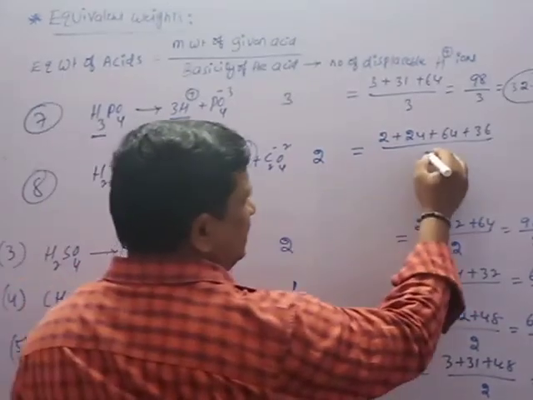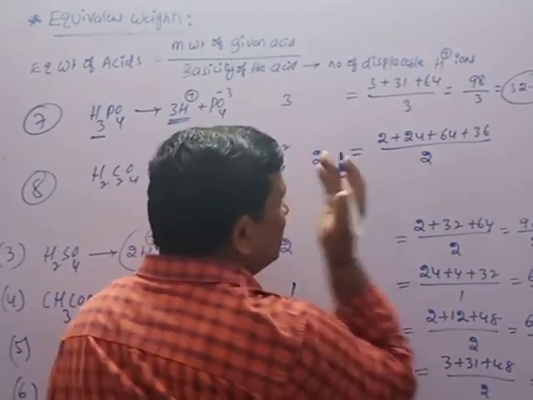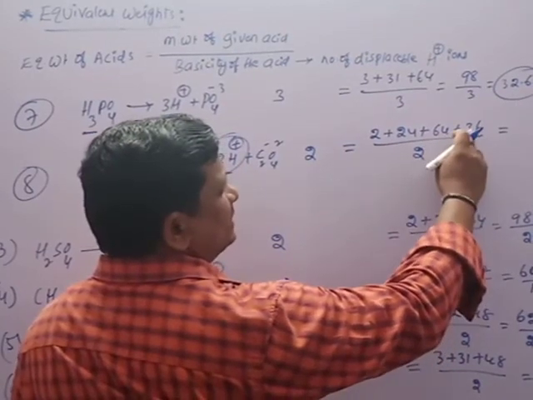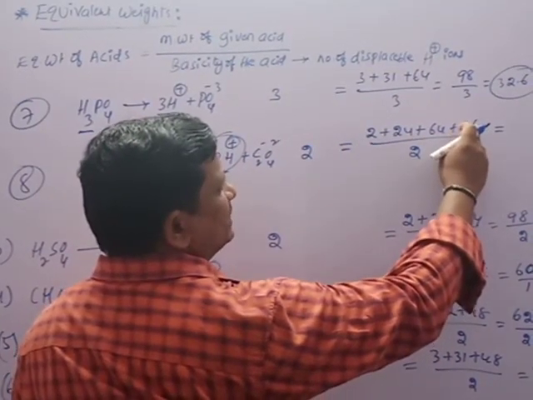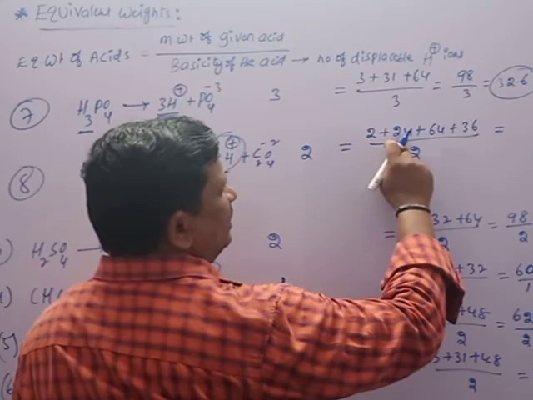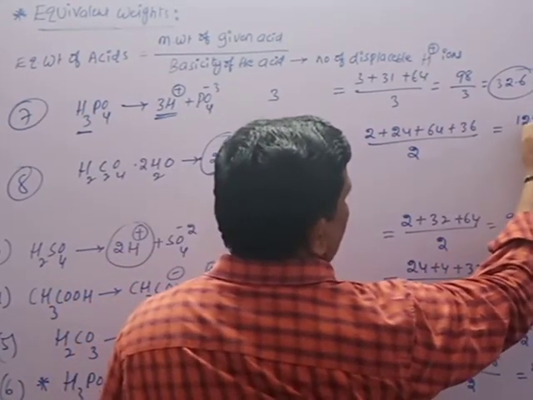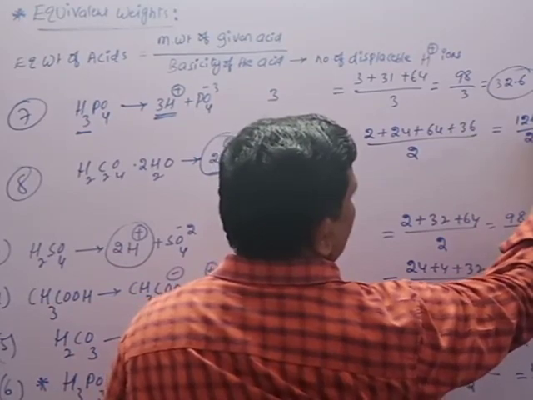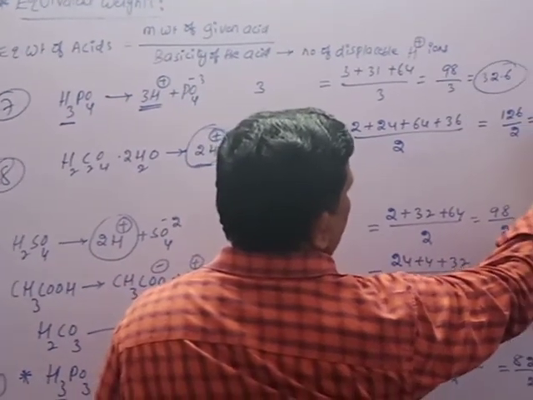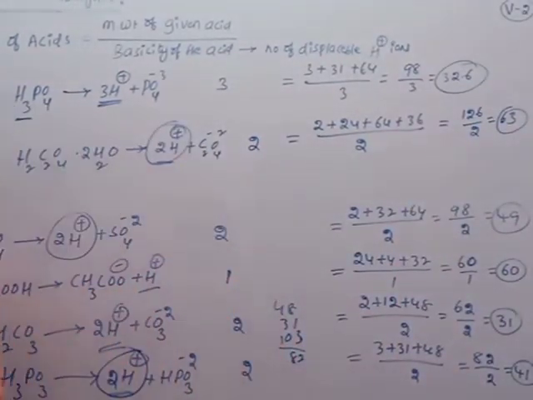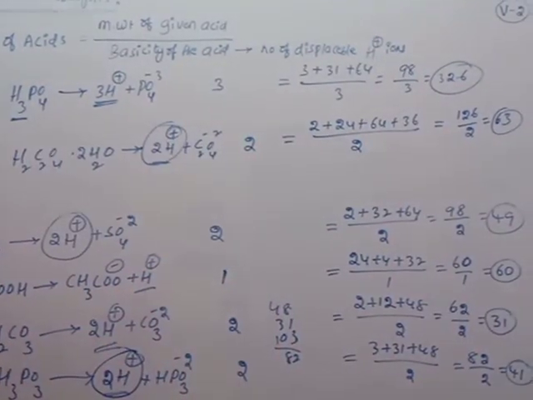So the basicity is how much? 2. So the total molecular weight is 64 plus 30, 94, plus 6, 100, plus 24, 124, plus 2, 126. So 126 by basicity 2 is 63. So oxalic acid molecular weight is 126, and the equivalent weight is 63.